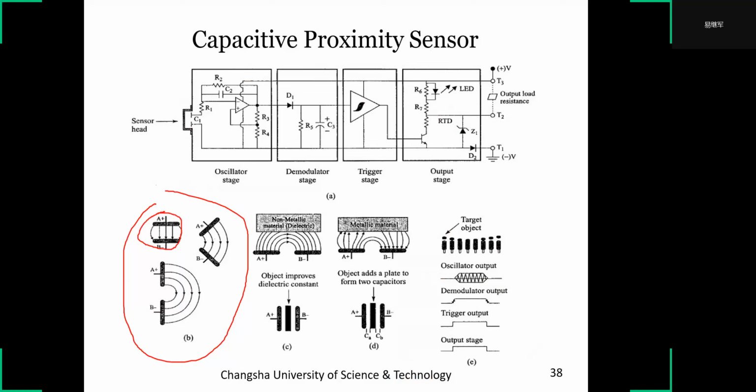If we divide the electrode along different directions, we can change the electrode like this, so the capacitive proximity sensor works like this.